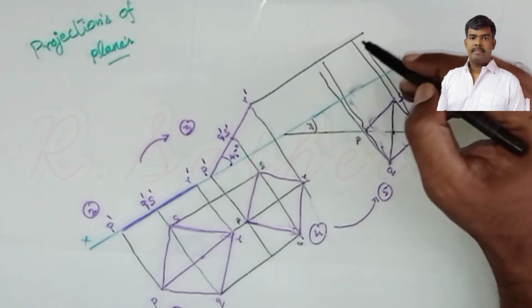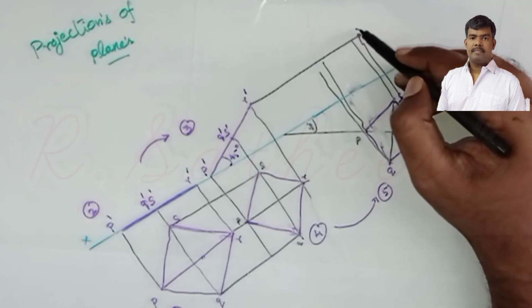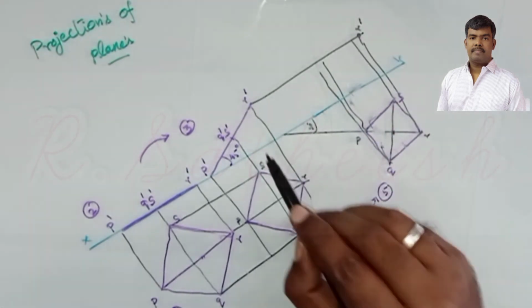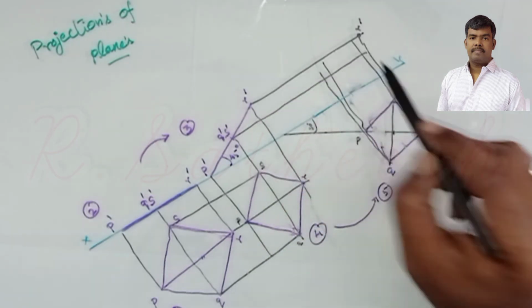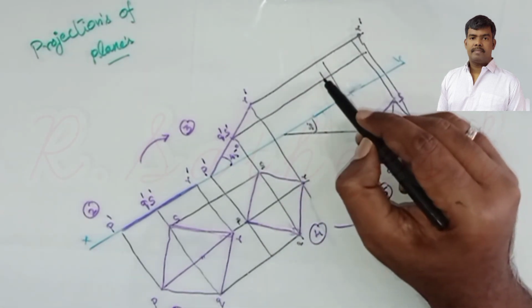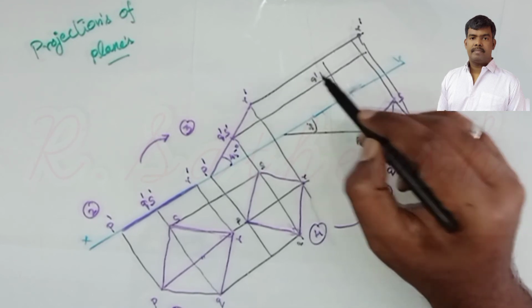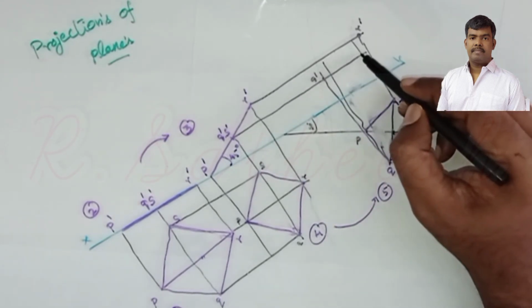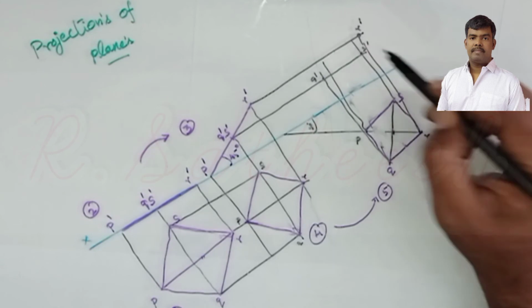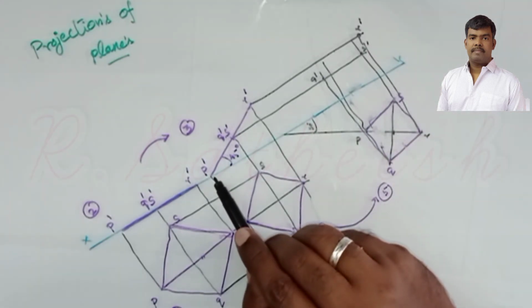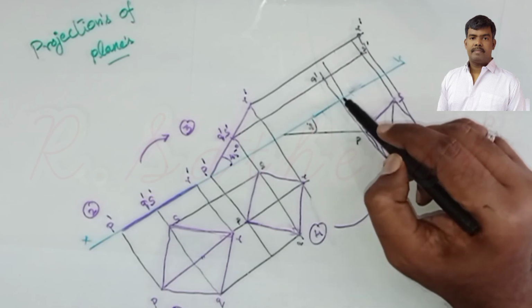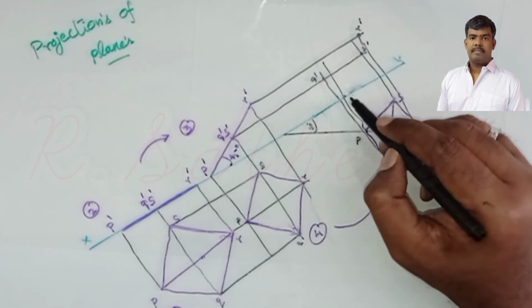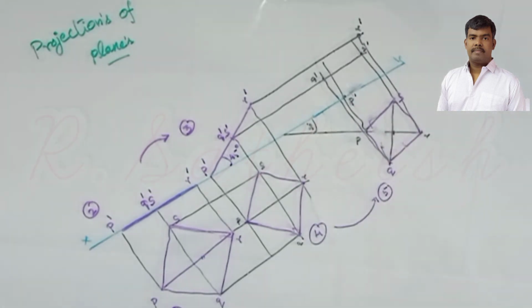R here. This is R dash. Next, this is Q, S, two in one projection lines. Where is Q? For example, here Q, Q dash, and this is S, S dash. And now P, P dash lies on XY. So P here. Okay, that is P dash.